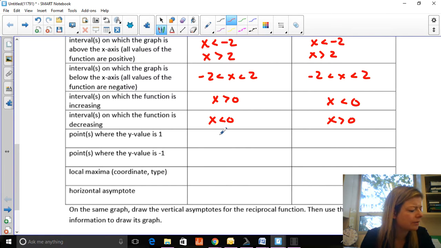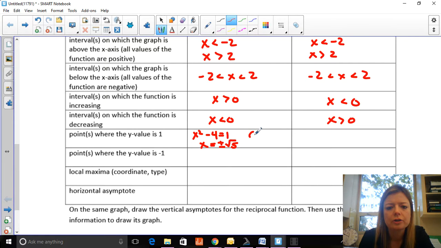Points where the y value is 1: I actually have to do some work for that. You set x squared minus 4 equal to 1 and solve it, which gives x equals plus or minus root 5 if you rearrange. So root 5, comma 1 and negative root 5, comma 1.